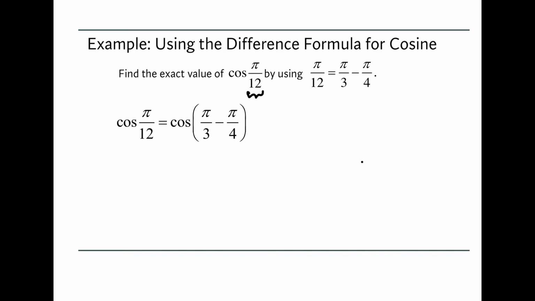So pi over 12 is the equivalent of 15 degrees. Pi is 180, and 180 divided by 12 actually gives me 15. So to find the cosine of pi over 12, I can rewrite it as the cosine of pi over 3 minus pi over 4, and then use the cosine formula, which is our u and our v.